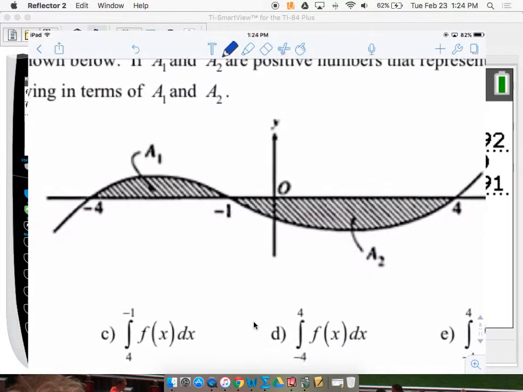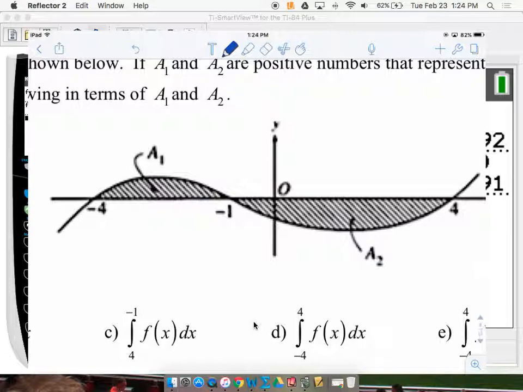All right, so they are saying that the area from -4 to -1, the area of that is a1. And then going from -1 to 4, the area of that is a2, right? So if I take the integral, though, from -1 to 4, what would my answer be? Negative a2, right, because it's below the x-axis. So you just have to pay attention if they're asking for area or are they asking for an integral.